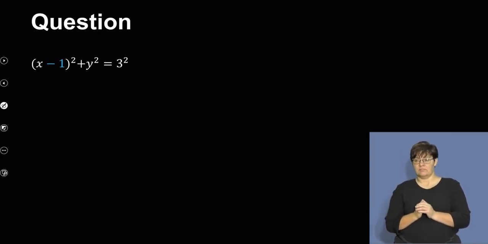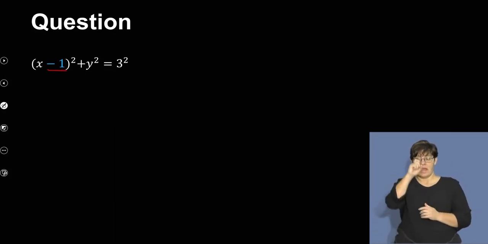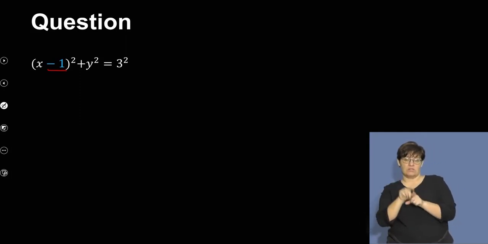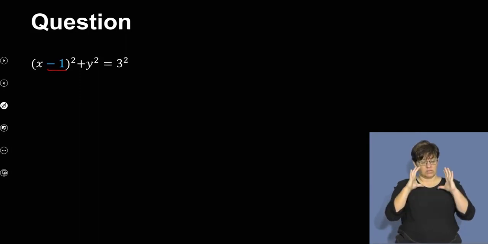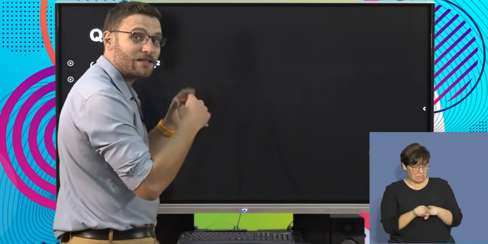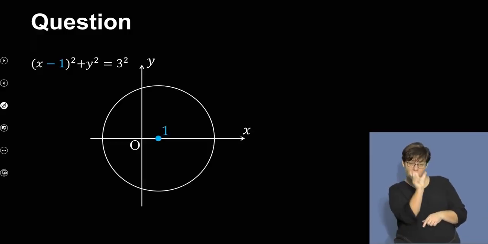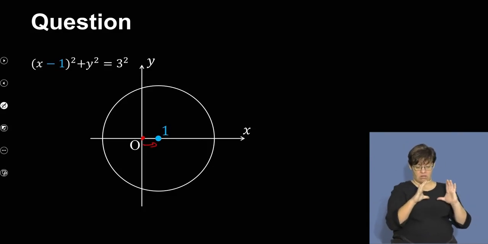If I were to change the equation of the circle and I made it x minus 1 all squared plus y squared plus 3 squared, what do you think this is going to do to the shape of my circle? Well, it's going to do exactly the same thing that that minus 1 did to the parabola. What this is going to do is shift my whole circle to the left.